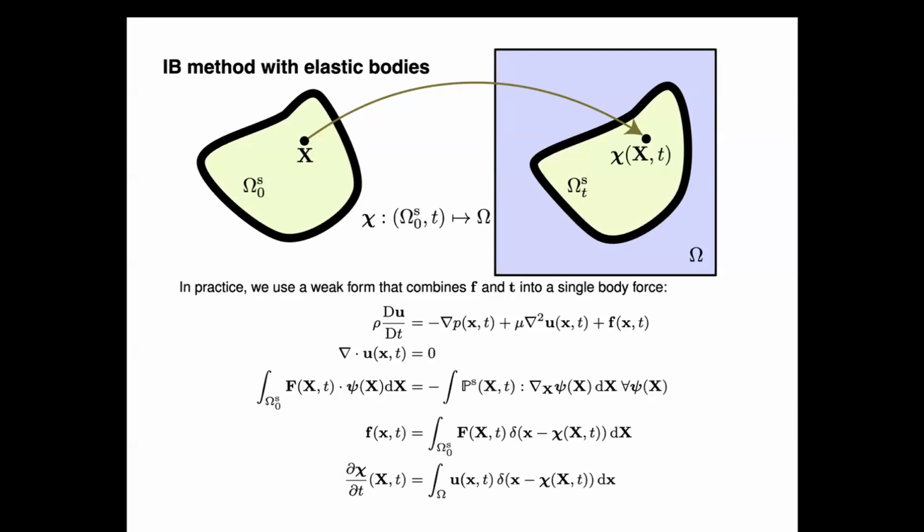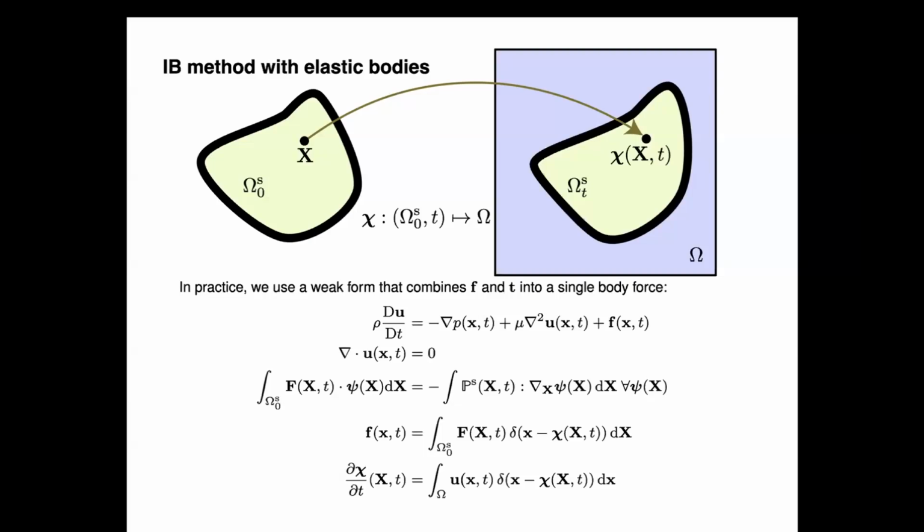And so you hit it with the test function, you integrate by parts, moving the divergence off of the solid stress and onto this test function, and you get this weak statement of the combination of the interior force and this traction force.